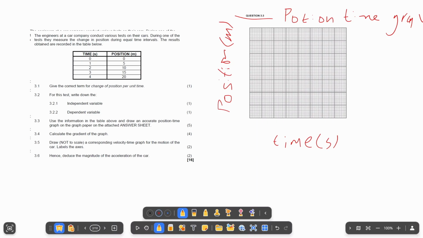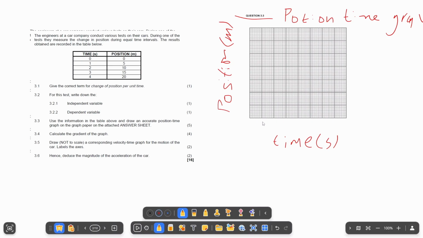Now let's look at the scaling. For our time, it's easy: 0, 1, 2, 3, 4. If I take this one to be number 1, 2, 3, 4, it's almost half of the page. I'm fine with that. I can use the main 1 centimeter mark to be my 1 second.